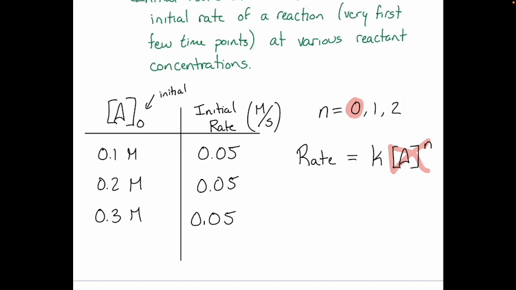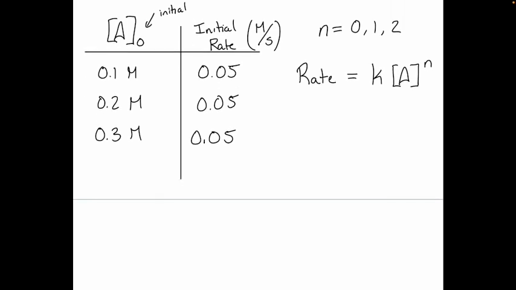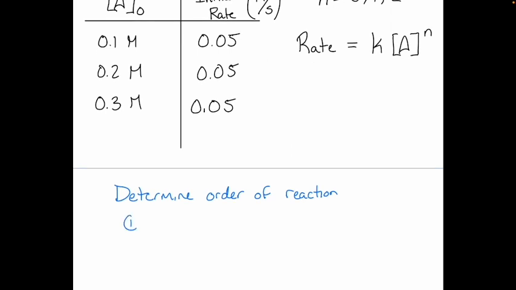All right, but let's develop this strategy here that will always work. So how do we determine the order of a reaction? There's a little trick that we've got to use to get the order of this reaction.